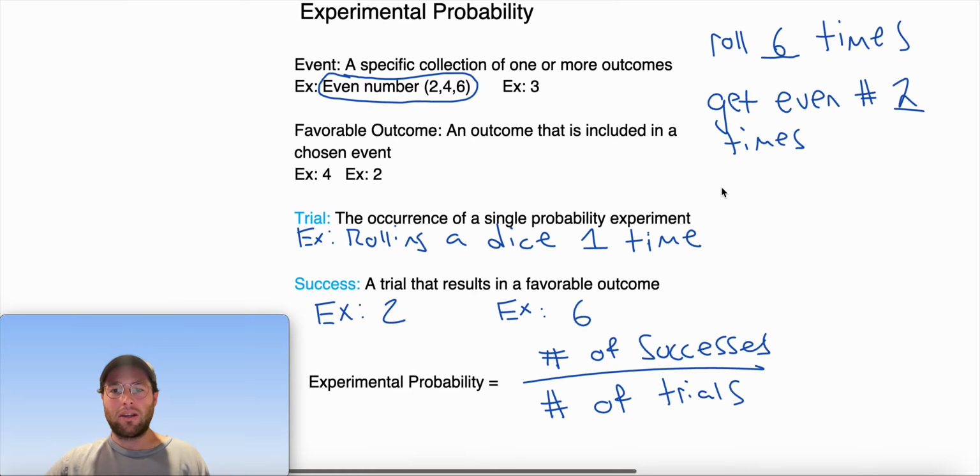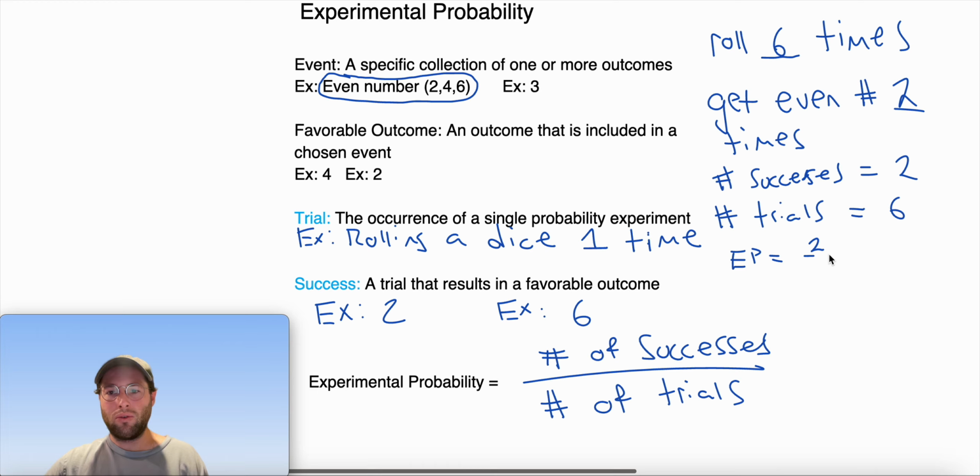So I'll say number of successes equals 2, number of trials equals 6. And so our experimental probability, EP, equals 2 over 6 equals 1/3, which equals approximately 0.33, which would correspond to a 33% chance.